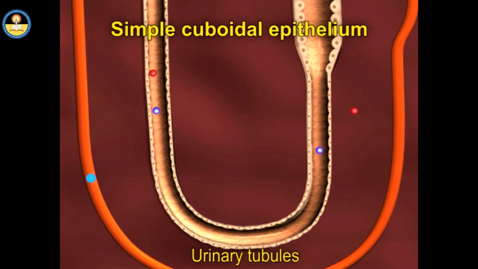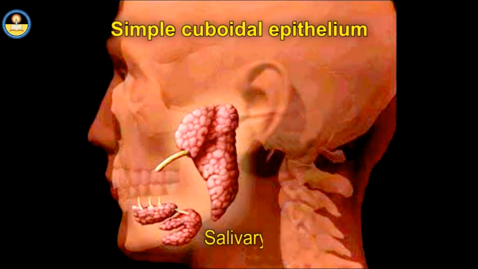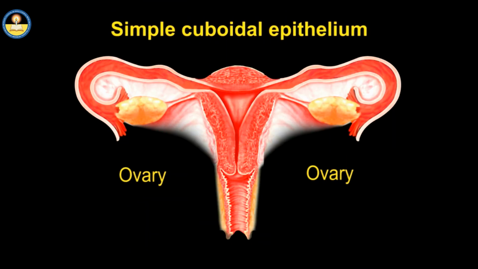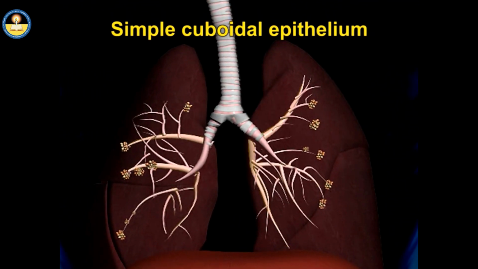Simple cuboidal epithelium lines the surface of urinary tubules in the kidney, salivary ducts, and provides a covering to the ovary. It lines the walls of the respiratory bronchiole also.